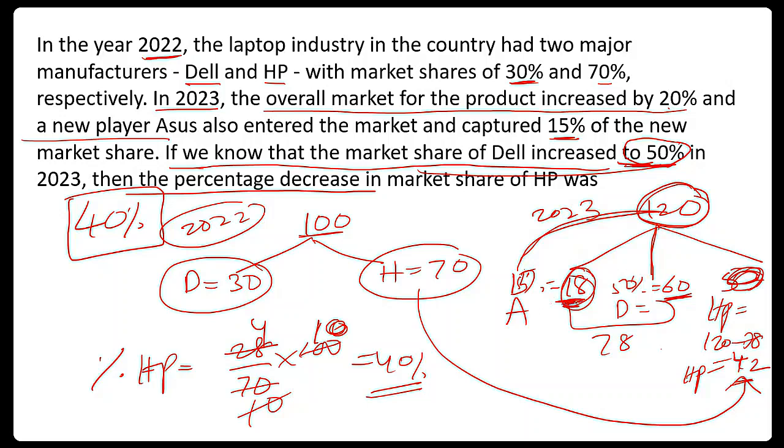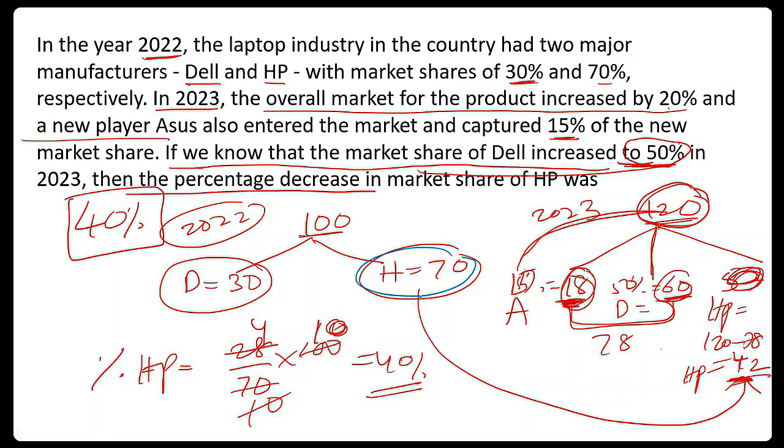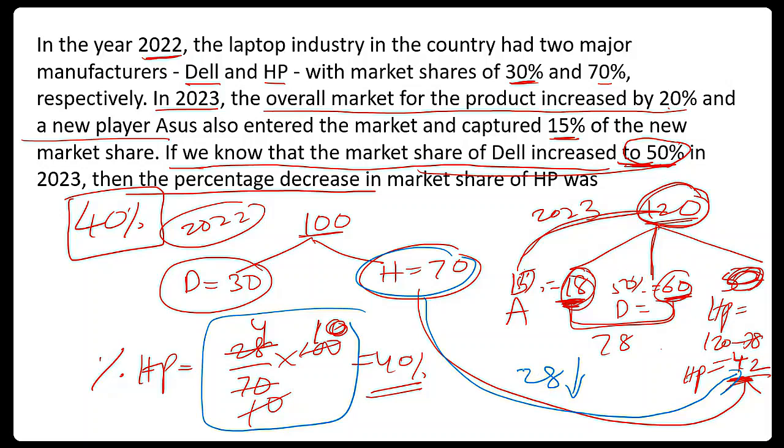So 18 Asus, 60 Dell. These two together are 78 out of 120. Then remaining all HP, which is 42. HP was 70, now is 42. So decrease is 28. Percentage decrease is decrease by original into 100. Decrease 28 by original 70 into 100 gives you 40%.